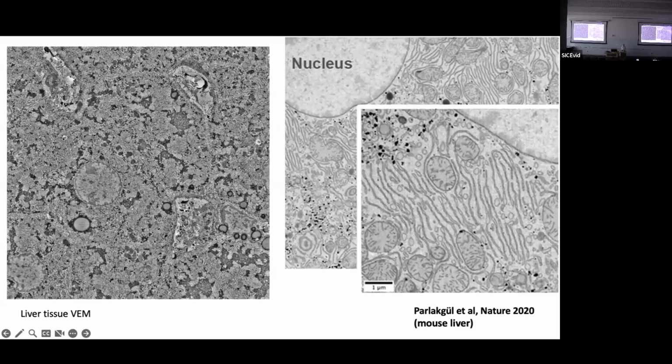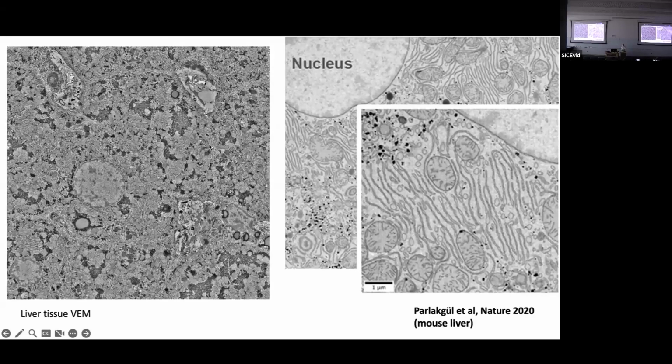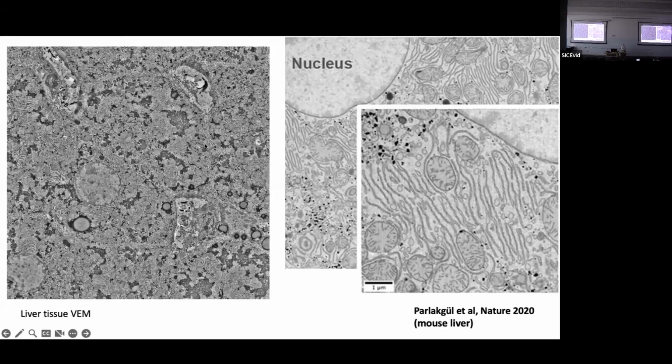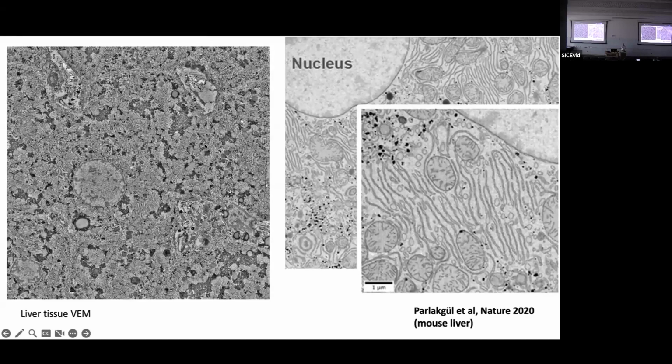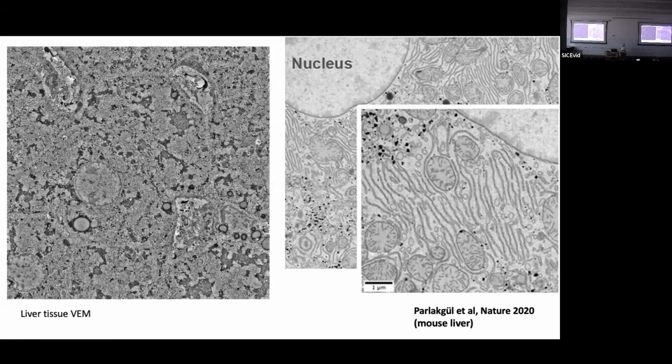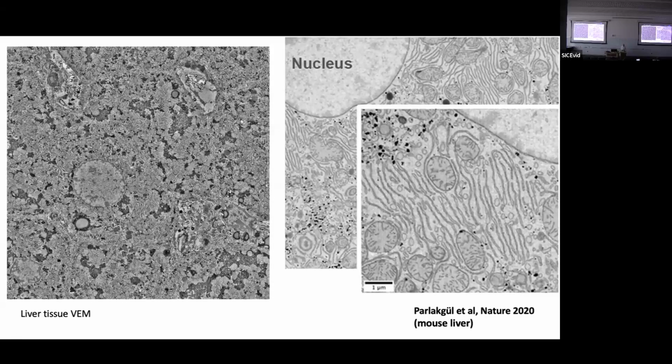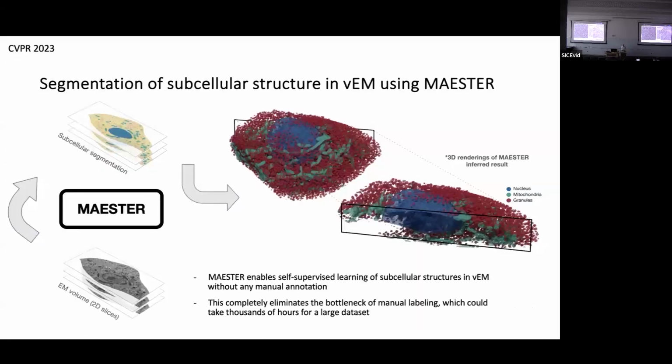You can hardly see where one cell stops and the next starts. And if you zoom in, you'll see that the cell membranes are actually really tightly connected into each other, which is very interesting.